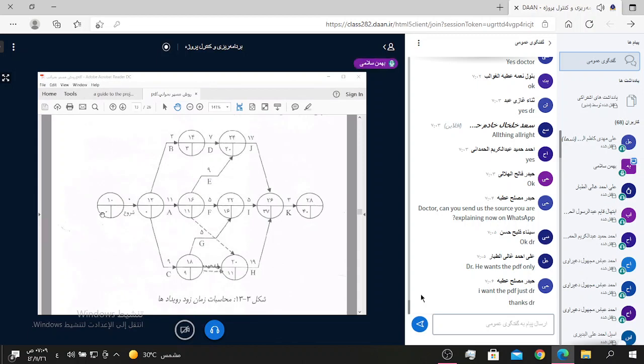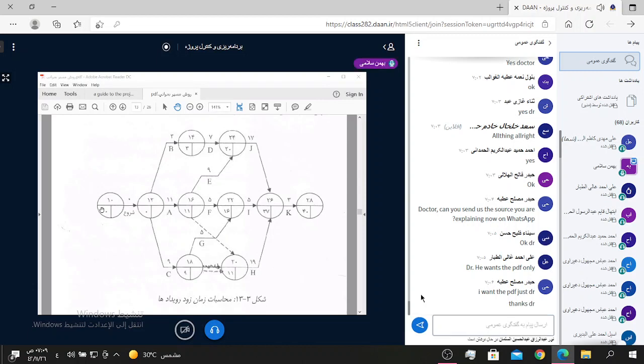This is after finding the ES, we can write it in left part. For step 1, we want to find the ES for every node.